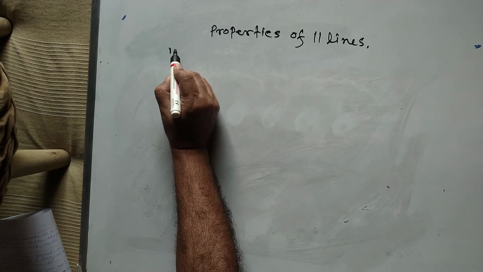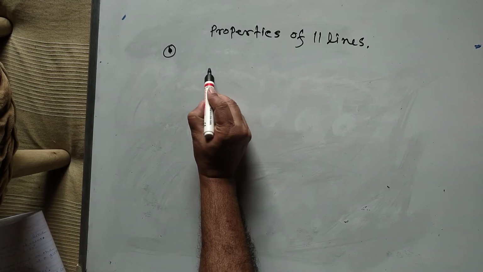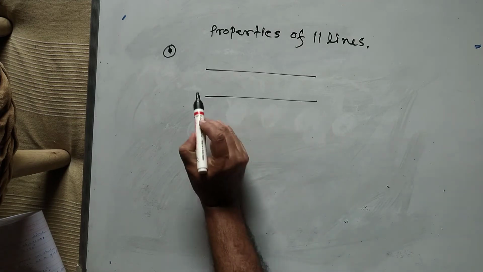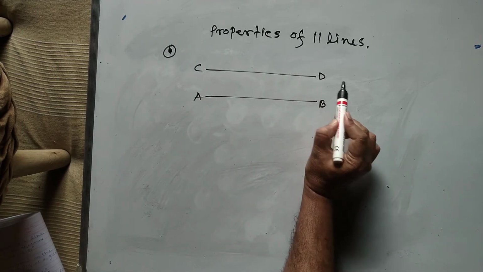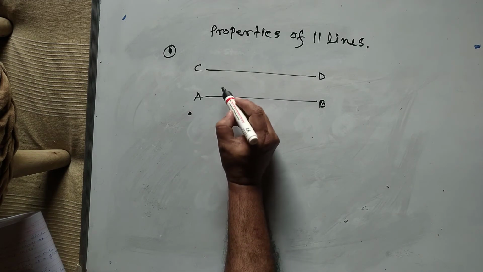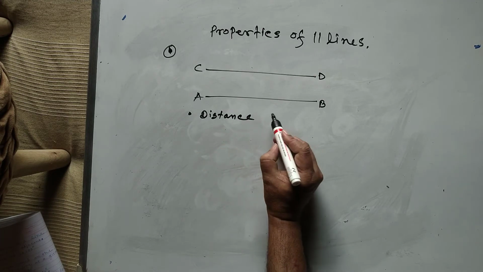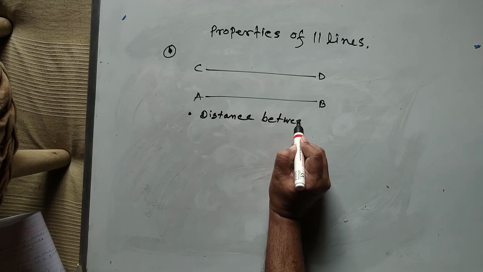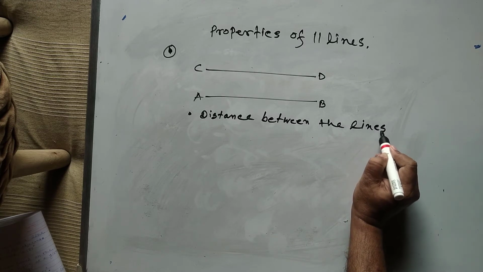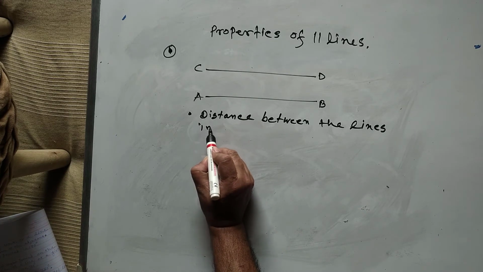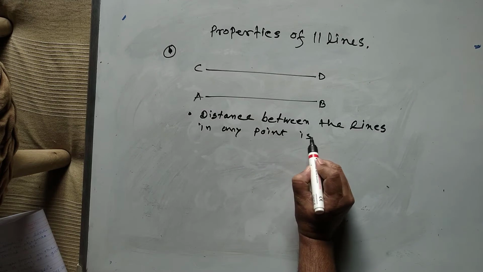First is parallel lines, A, B, C, D. Feature number 1: the distance between the lines at any point is the same.